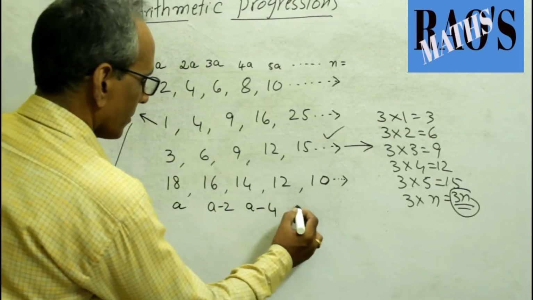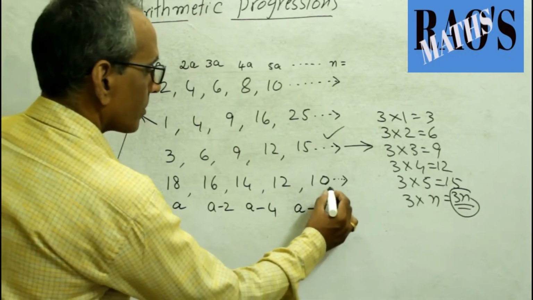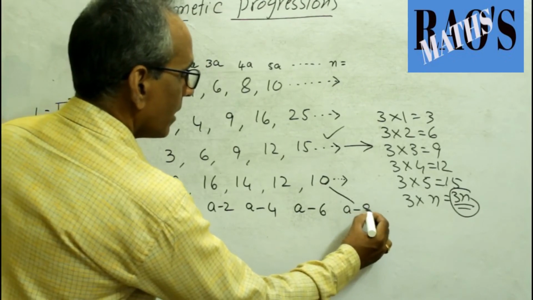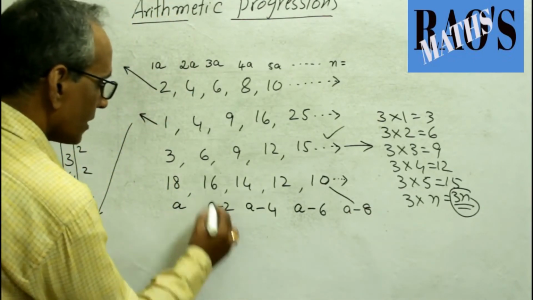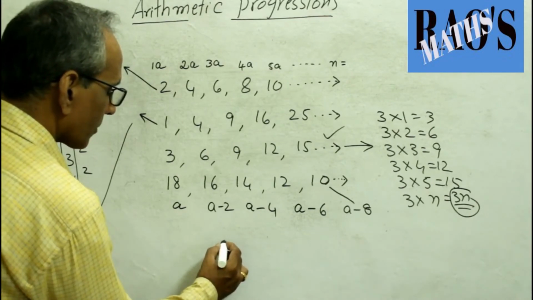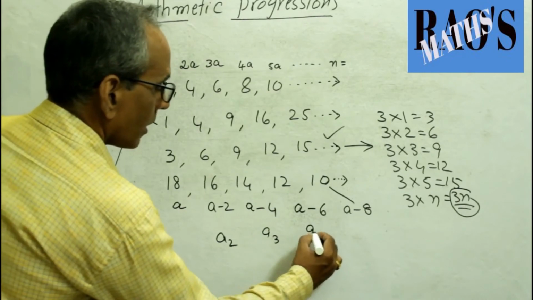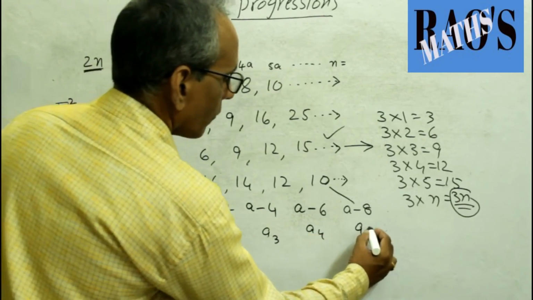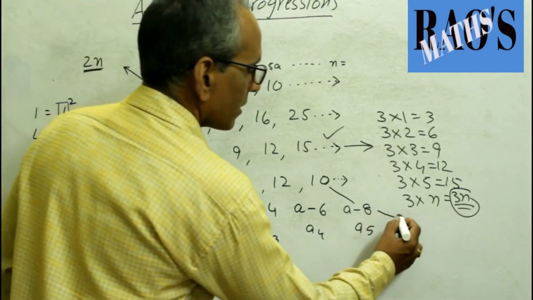Next, A minus 6, A minus 8. So the second number I write as A2, then A3, A4, A5. Okay. So what is the nth term in the series?